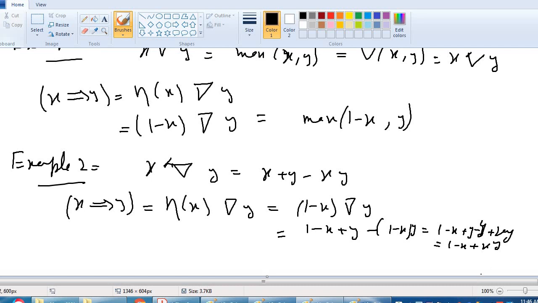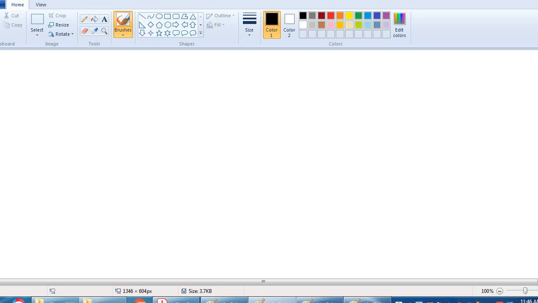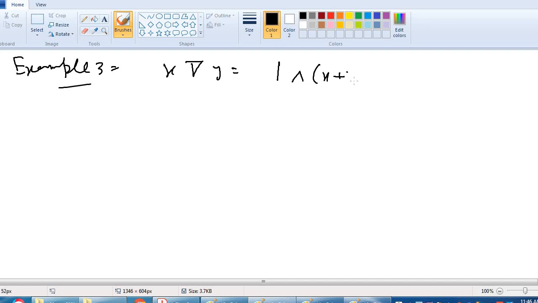Now we see the third example. Example 3. Here in example 3 we will have x nabla y is equal to min of 1 and x plus y.